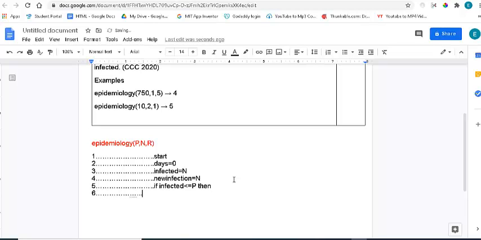So this line 6, the first thing I'm going to do, I'm going to increment my days by 1. Remember that every day we are going to multiply the new infection of the number of people who were infected yesterday by R. So we are going to say new infection is equal to new infection times R. Now these number of new infections, we are going to add it to infected people.